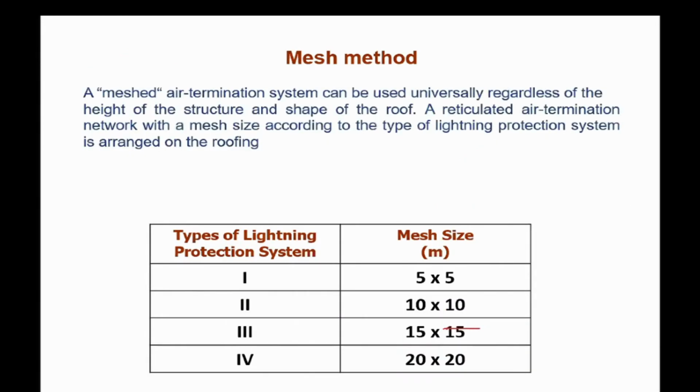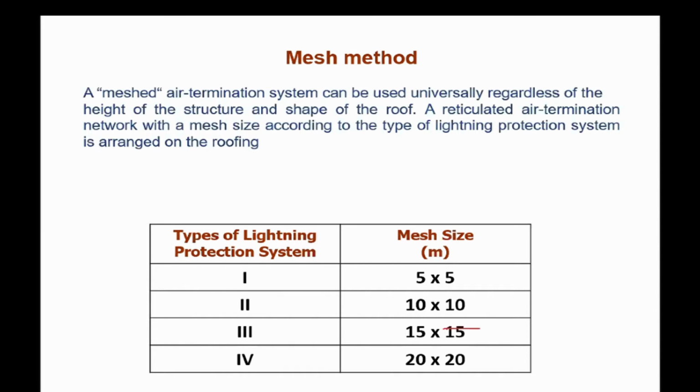And the easiest method to explain is the mesh method. And it is the most expensive as well, because we need a lot of material. When we are preparing the mesh, if it is level 1 protection, our mesh size is quite small. That means we need a lot of material. And as we go down the line, the mesh size increases.